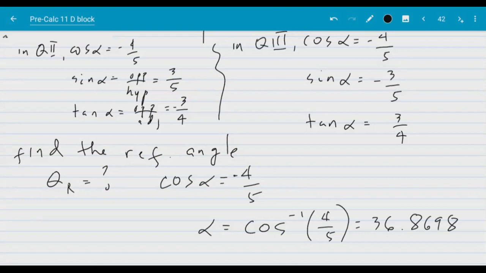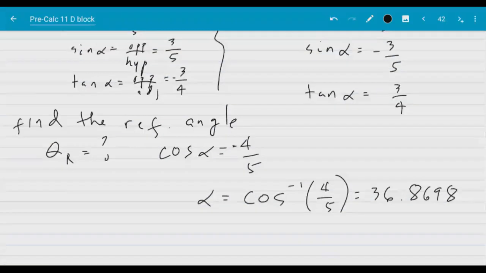I don't remember if it is asking to the nearest degree. Oh yeah, to the nearest degree. So 36.87 is about 37 degrees. All right. About 37 degrees. So the reference angle for alpha is about 37.